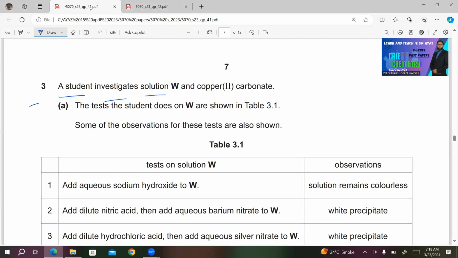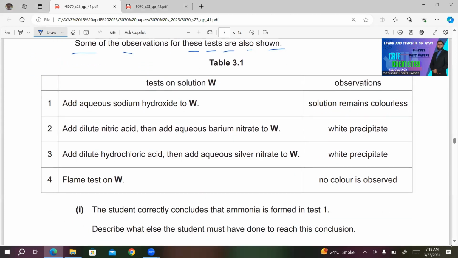A student investigates solution W and copper(II) carbonate. The tests the student does on W are shown in Table 3.1. Some of the observations are also shown. Number 1, add aqueous sodium hydroxide to W: solution remains colorless.